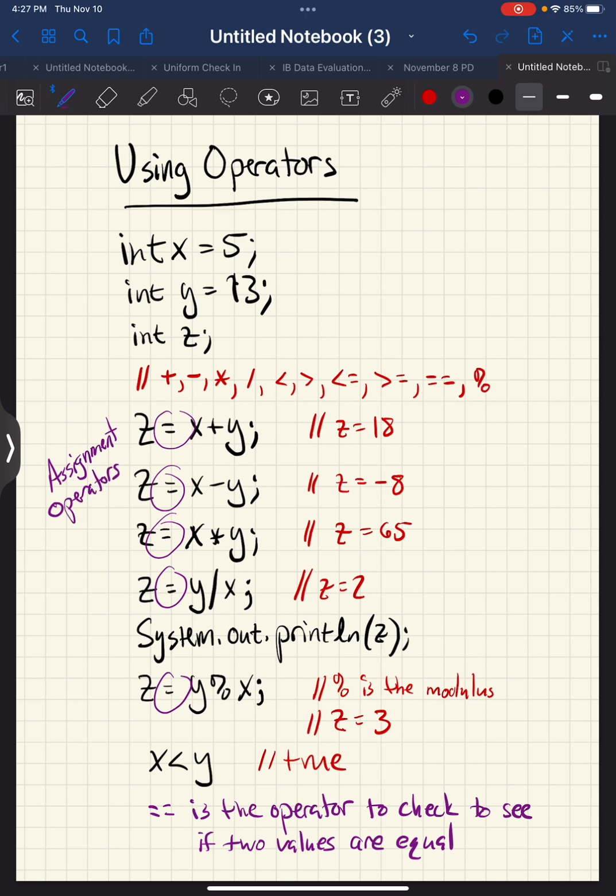The single equal sign in Java assigns value to a variable. So if we want to check to see if two variables are equal, we need to use equals equals as that operator.